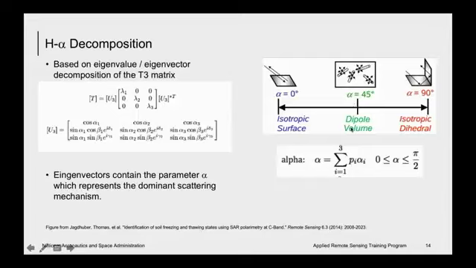Volume scattering sometimes is referred to as dipole because volumes or elements like canopies are usually modeled as dipoles. Dipoles are cylinders. So canopies can sometimes be modeled by several cylinders, randomly oriented. And then at 90 degrees, we are approaching a dihedral scattering, which is double bounce, which is again what you would see in buildings.